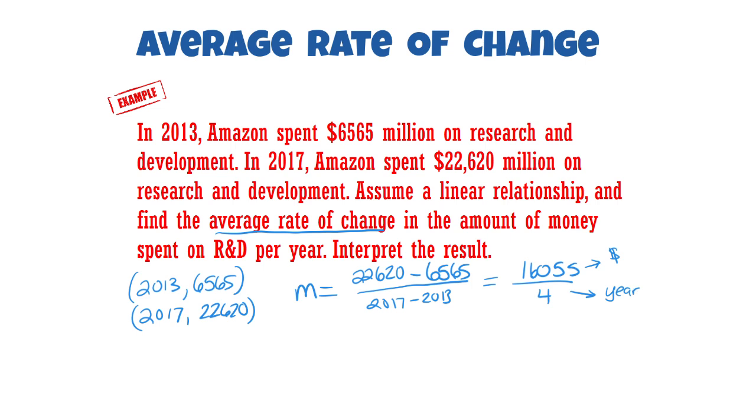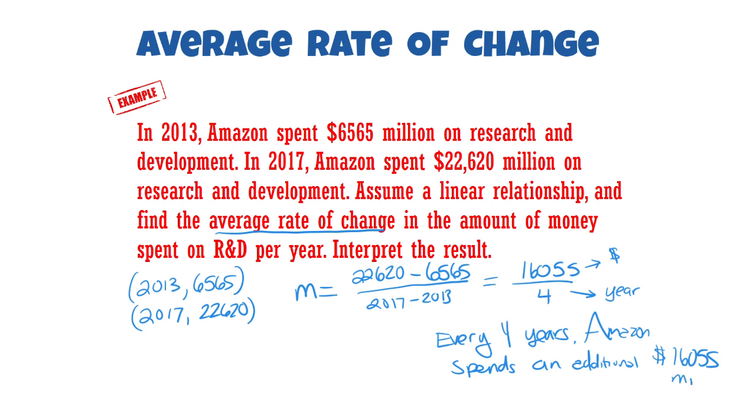And so what this is indicating is that every 4 years, Amazon spends an additional 16,055, and don't forget your million on this, dollars. Okay, maybe you want to change that into billions. It'd be about 16 billion.